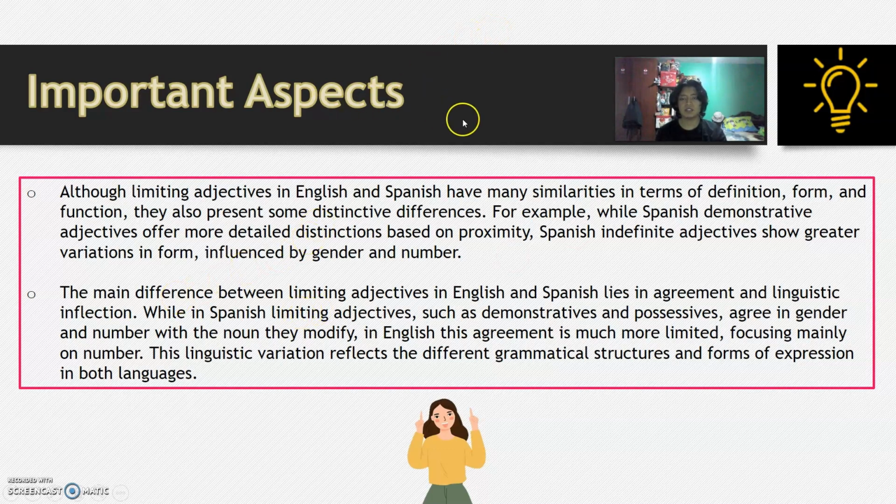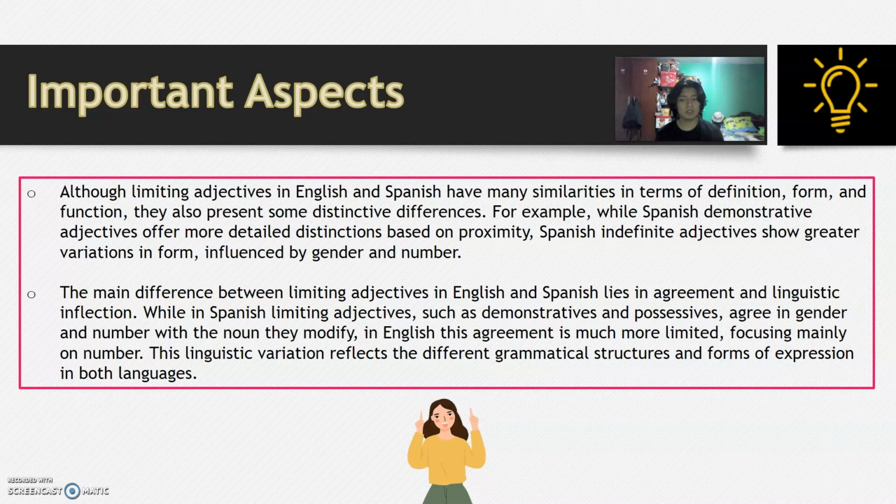Okay? And the second important aspect is that the main difference between limiting adjectives in English and Spanish lies in agreement and linguistic inflection. While in Spanish, limiting adjectives such as demonstratives and possessives agree in gender and number with the noun they modify, in English this agreement is much more limited, focusing mainly on number.